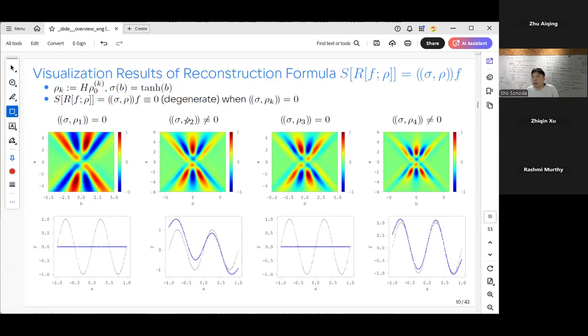And only when the coupling conditions on sigma and rho are not orthogonal can we reconstruct the original function, like the rho 2 and rho 4 cases.